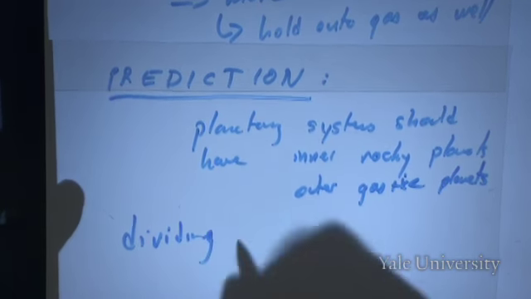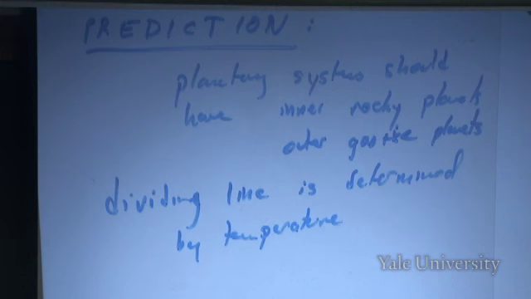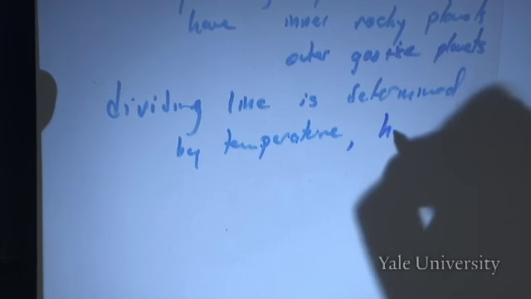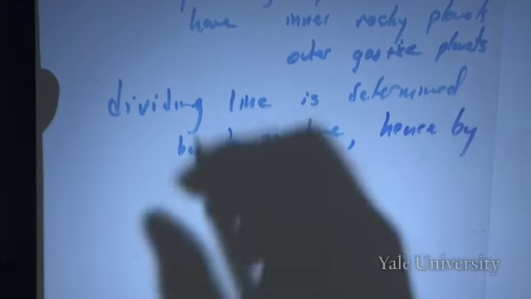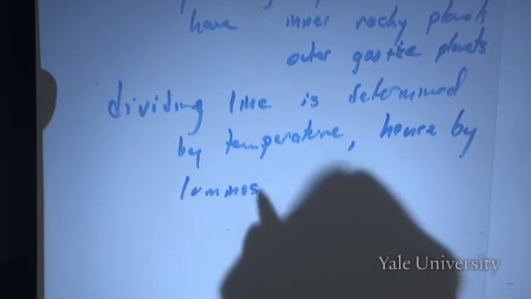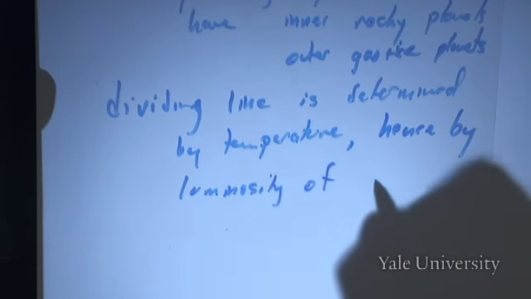And if you have a very dim, faint star, which doesn't generate as much heat, the dividing line between the gas planets and the terrestrial planets will be much closer in. So the dividing line is determined by temperature, hence by the luminosity, the amount of energy given off by the star.